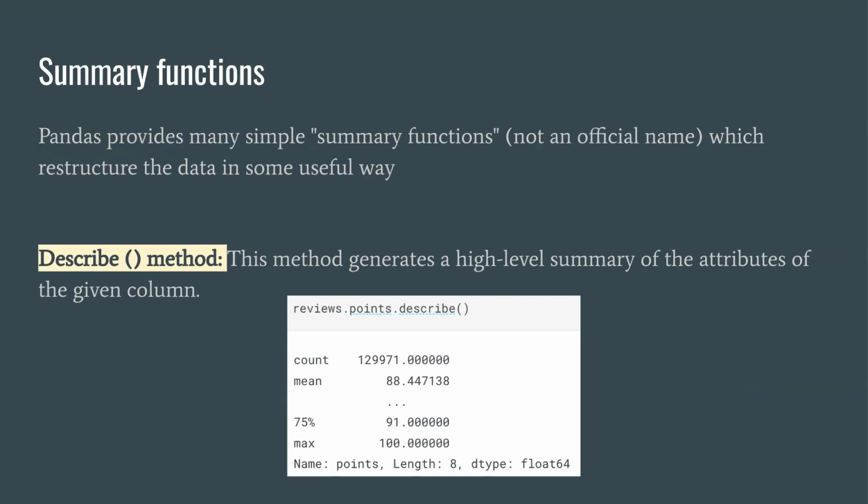So sometimes we want to do more work ourselves to reformat for the task at hand. These summary functions help you to restructure data in some useful way. The describe method, when you call it, generates a high-level summary of the attributes of the given column.